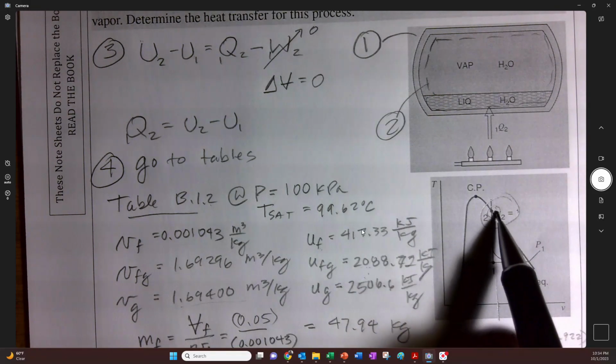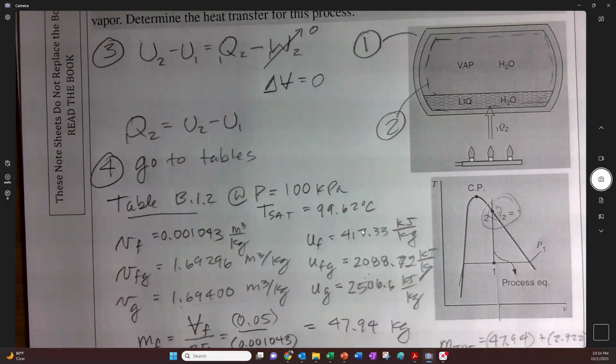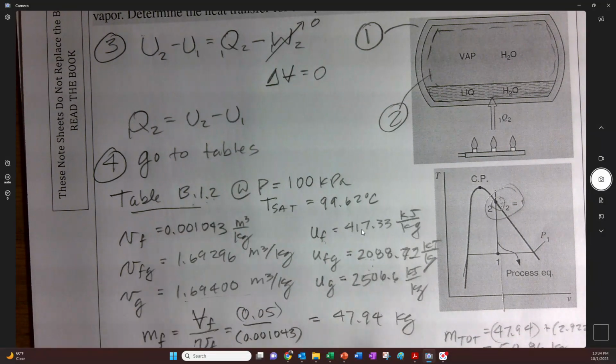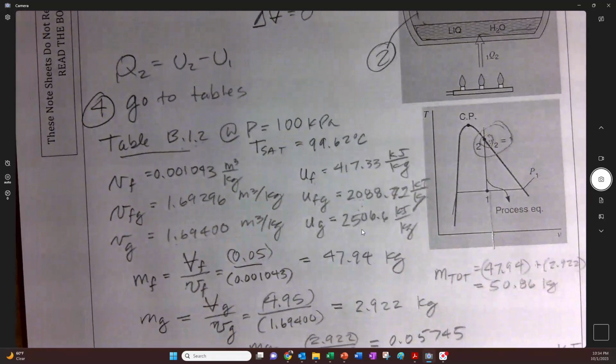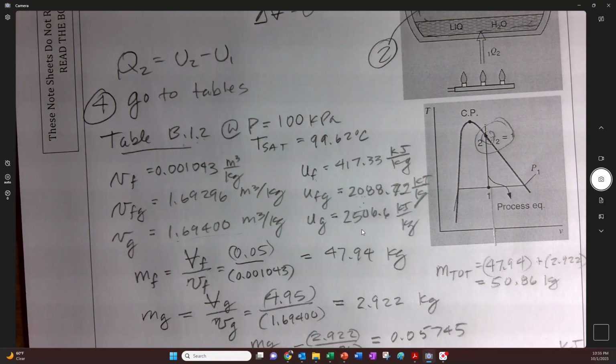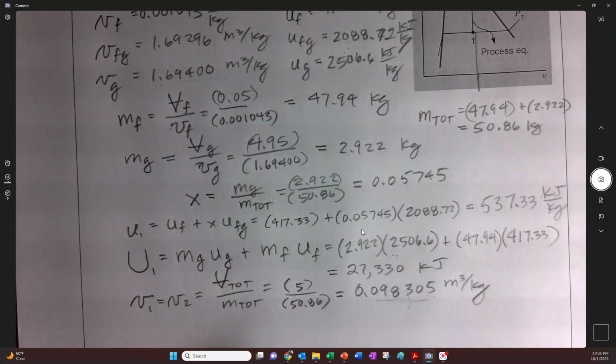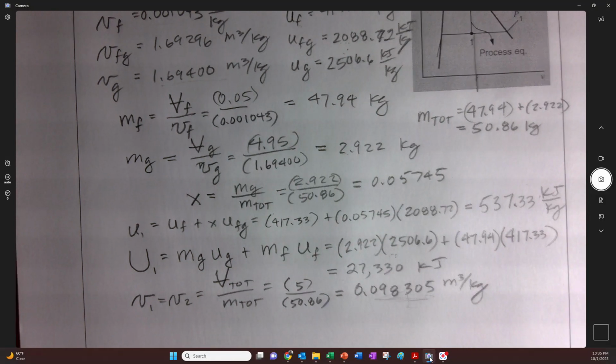And so we're going to search through, probably B, 0.1, 0.2, until we find a VG that's equal to this value right here. So let's go do that.